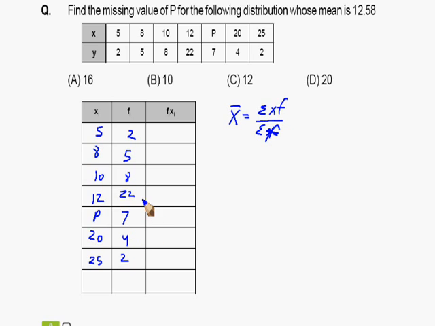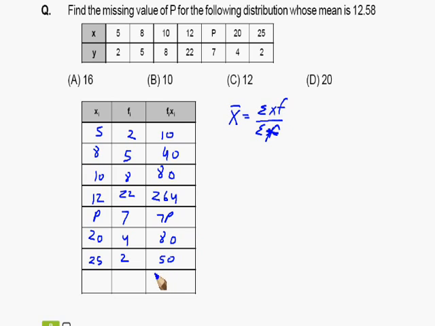So we have to find fx, meaning we multiply x with f. 5 into 2 is 10, 8 into 5 is 40, 10 into 8 is 80, 12 into 22 is 264, p into 7 is 7p, 20 into 4 is 80, 25 into 2 is 50.